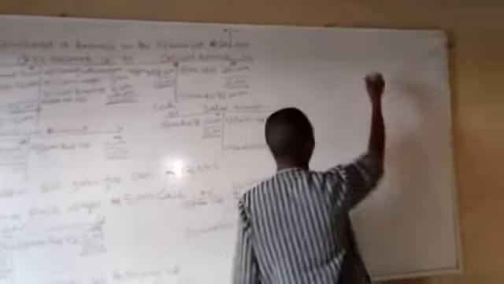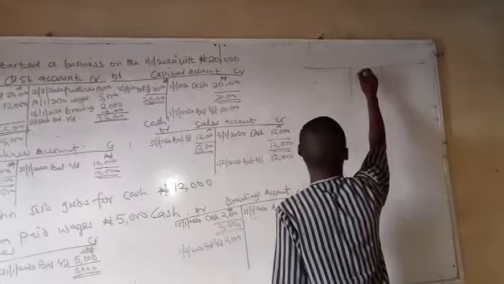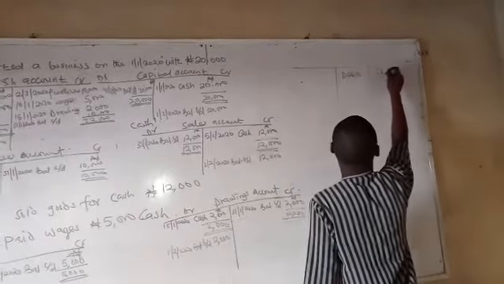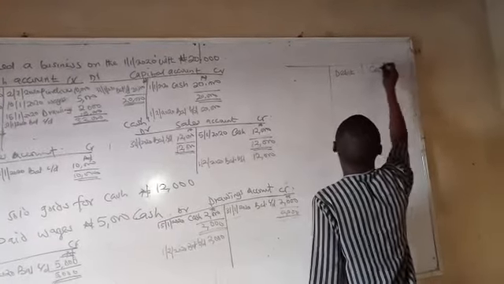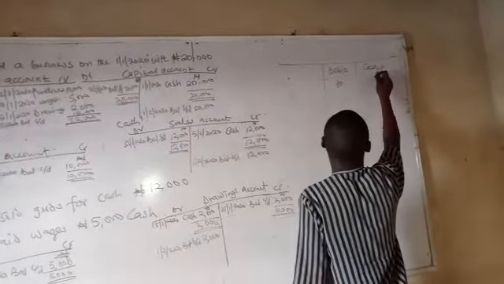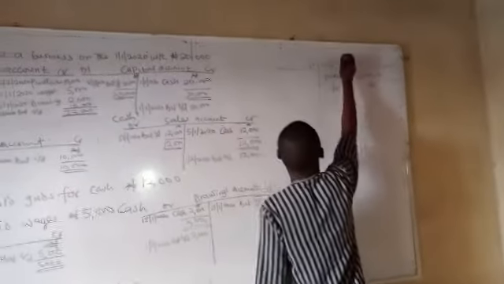The trial balance appears like this. The debits, the credits. Trial balance.